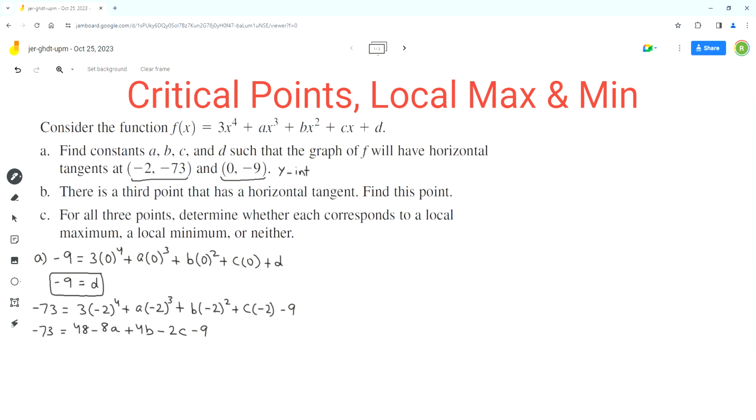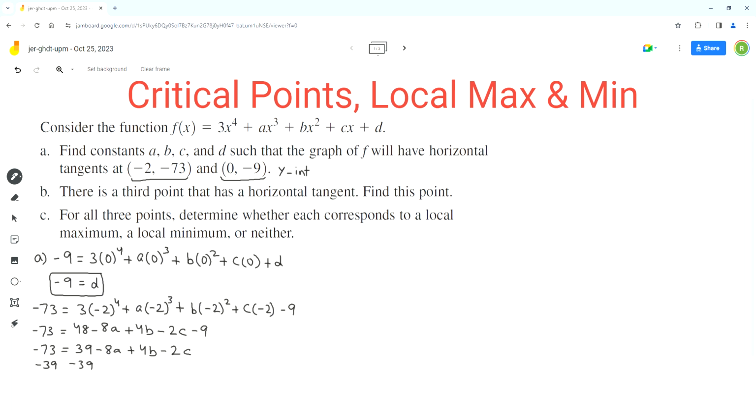Now we can combine 48 and -9 on the right side. So we get -73 equals 39 minus 8a plus 4b minus 2c. Now we can combine -73 and 39 by subtracting 39 from both sides.